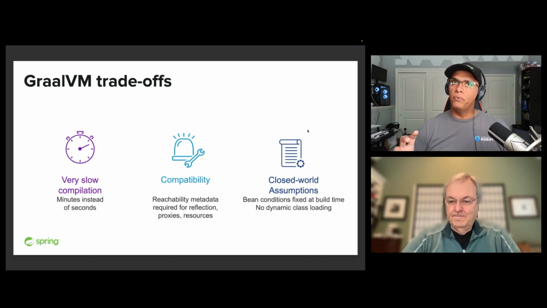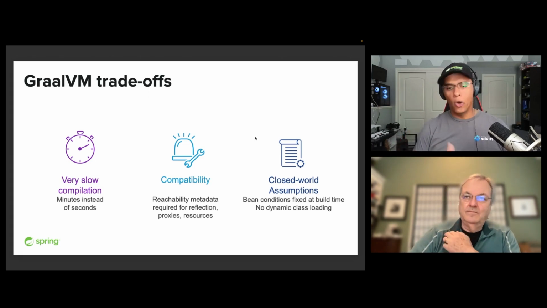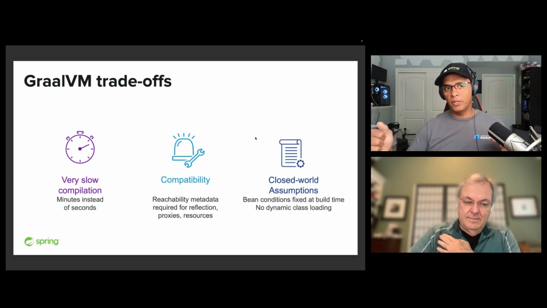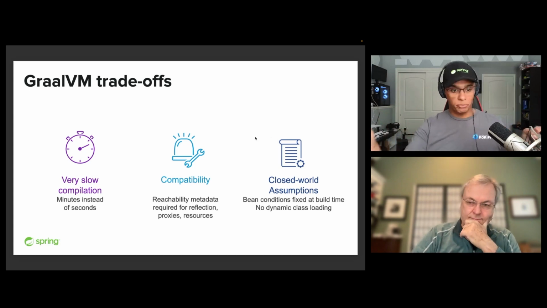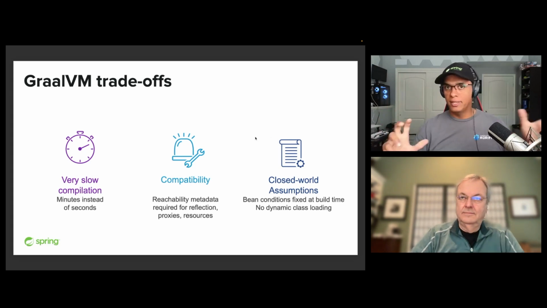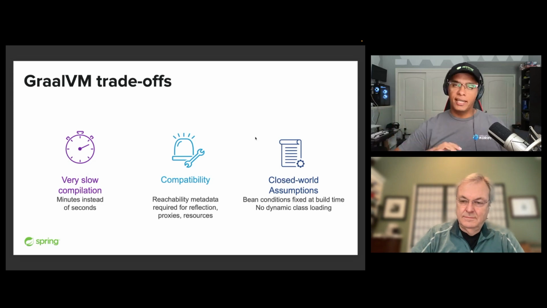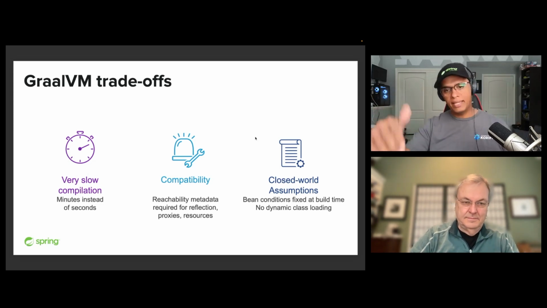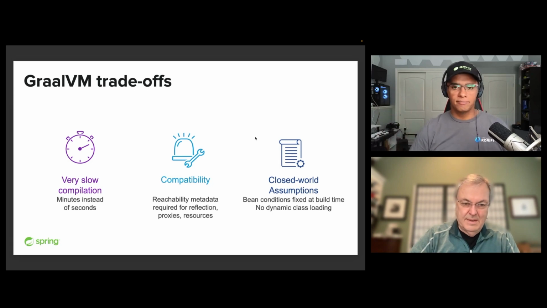Yeah. GraalVM doesn't know everything. With Java, with Spring, we have this ability to do proxies and reflection, and GraalVM sometimes needs a few hints on where things live, and we can give it that. Yep, that works.